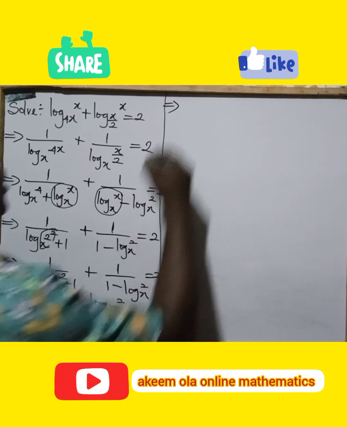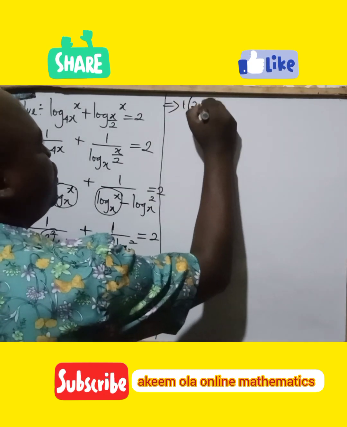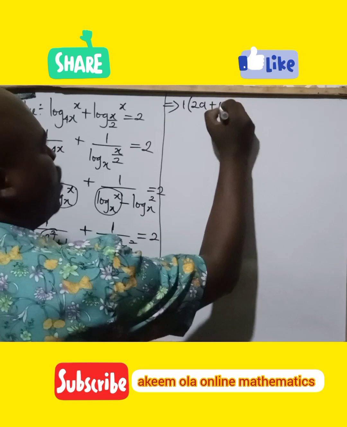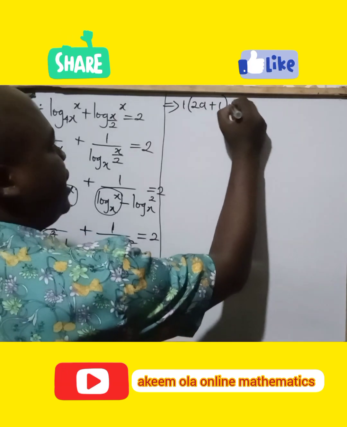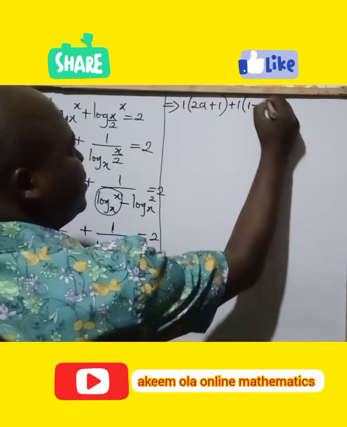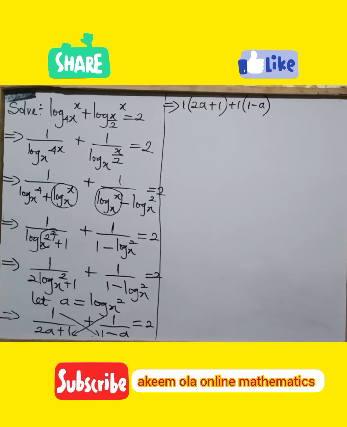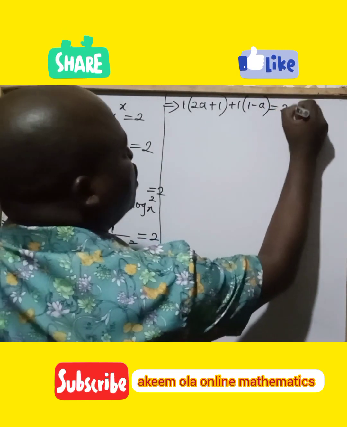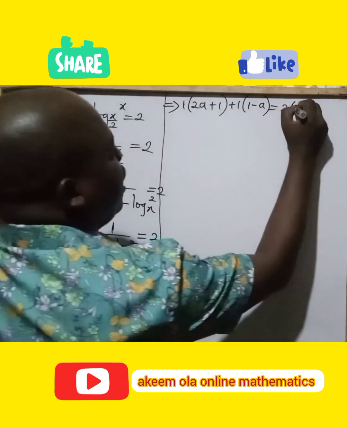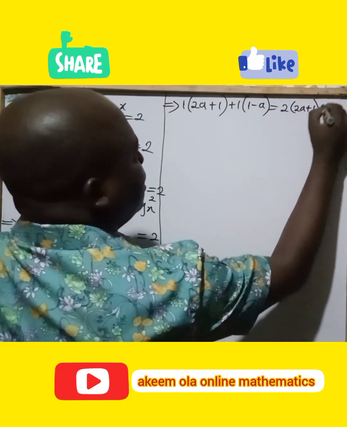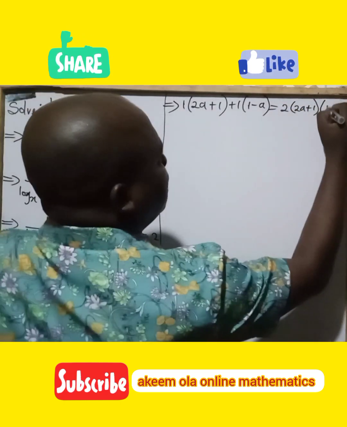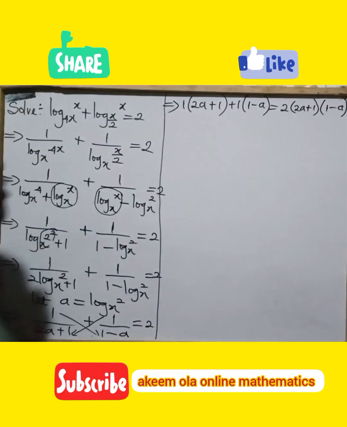So we are going to have 1 into 2A plus 1, then plus 1 again into 1 minus A. Everything is now equal to 2 into 2A plus 1, another bracket 1 minus A.